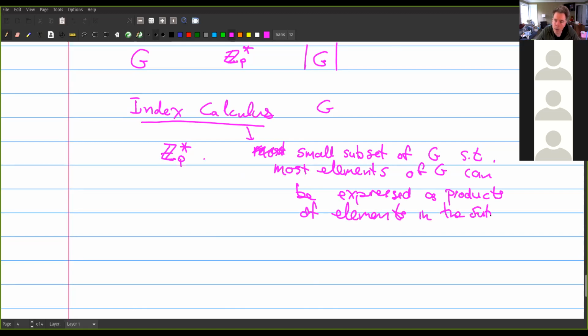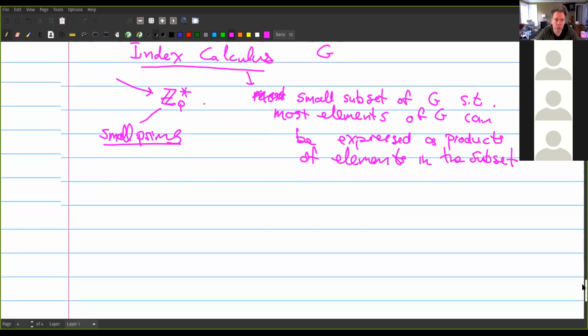In elliptic curve groups, this is thought not to be true, but in ZP star, you have the small primes, which are sort of perfect for this. You can take the small prime numbers in ZP star, and then a whole lot of ZP star can be expressed as products of these small primes, and that makes the index calculus go. So it works here, but not on the elliptic curve group as far as anybody knows.